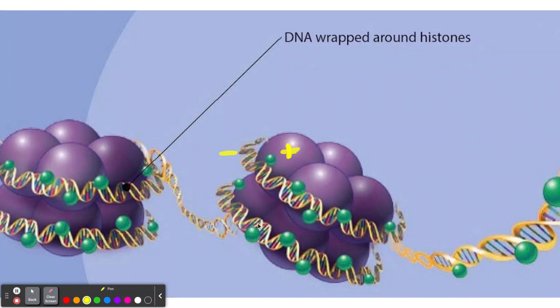And so archaea have this. They have positive histones for packaging DNA. Bacteria does not. So our DNA and the DNA of archaea are clustered. That's one big thing that they have that bacteria doesn't.